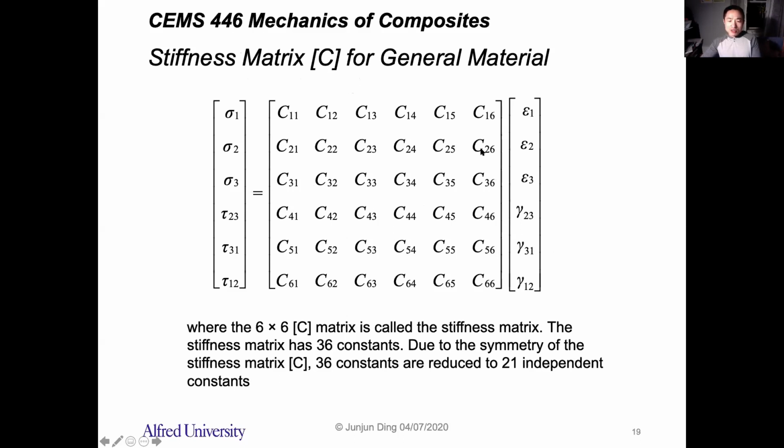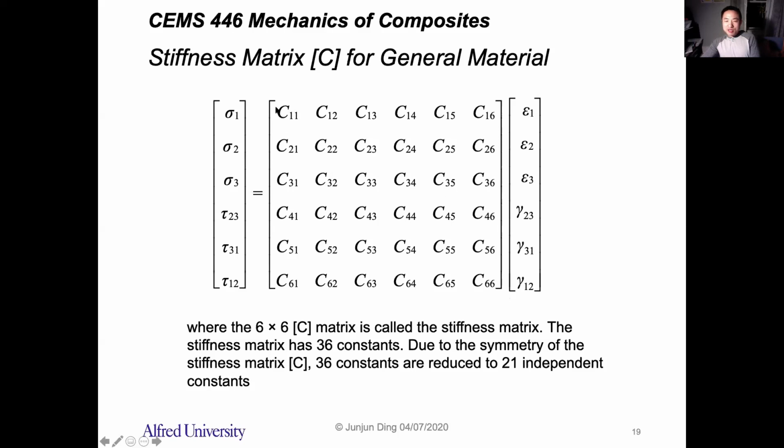So here, how many unknowns? It's a 6x6 matrix, so 36 elements, 36 constants. But the stiffness matrix or compliance matrix should be a symmetric matrix.